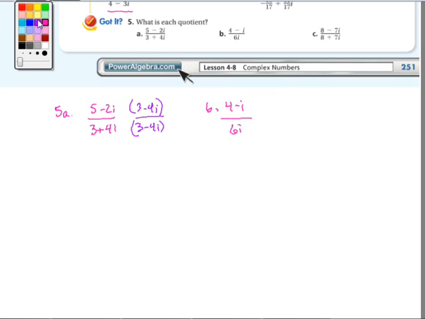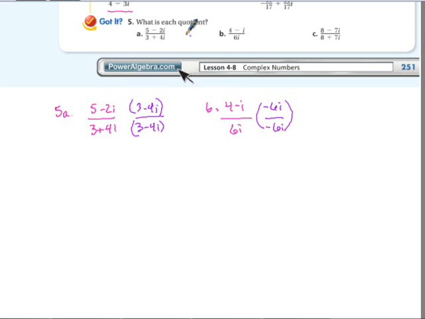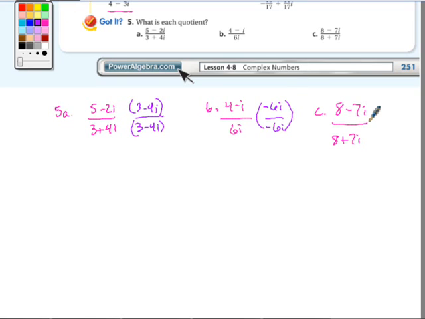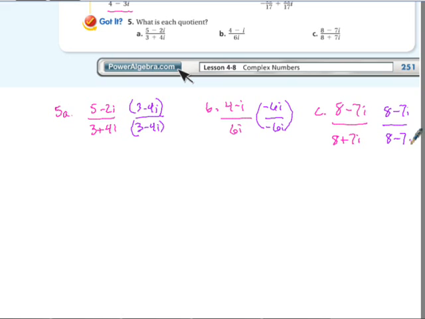We're going to multiply that one by negative 6i over negative 6i. And we're just multiplying these by a version of 1 that helps us out. If we go over here to part C, we have 8 minus 7i over 8 plus 7i, and you're going to multiply top and bottom there by 8 minus 7i. Complex conjugate of the denominator.